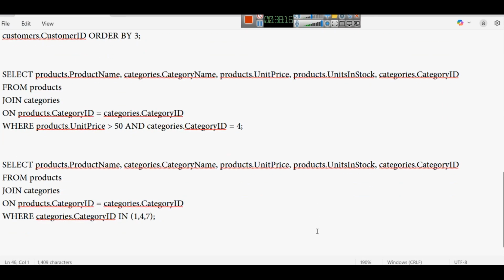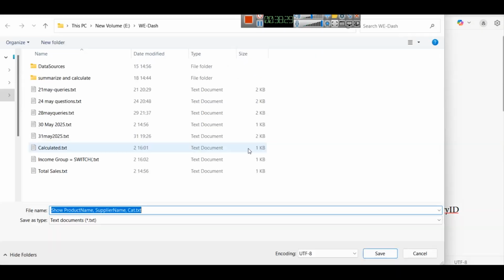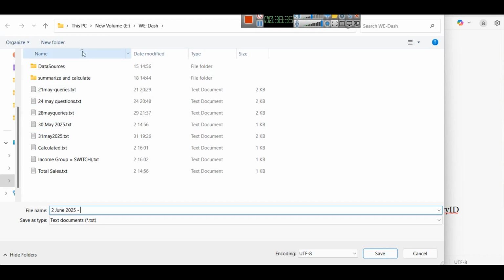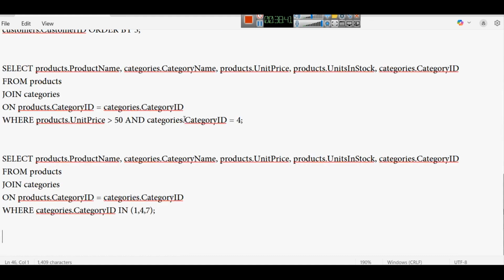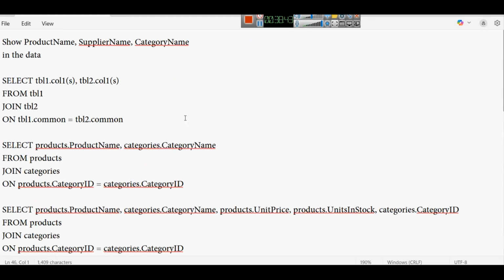I also wanted to teach you three tables, but first I think you should practice this, because three tables might confuse you even further. So just try these basic examples, and this is our 2 June 2025 joins for beginners. Today just try them, and you already have the data set.